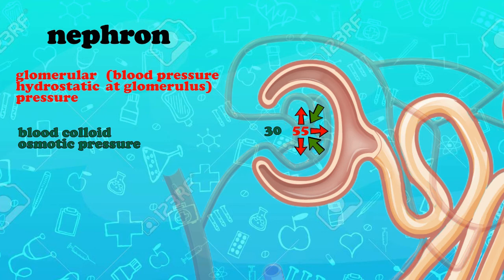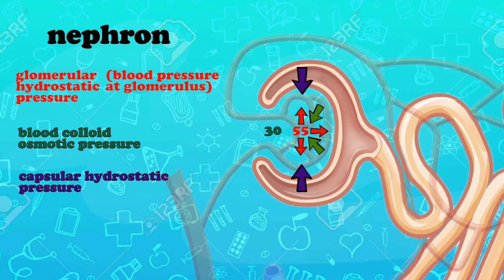And that osmotic pressure is pulling in while the hydrostatic pressure is pushing out. The last pressure involved is capsular hydrostatic pressure, which is the capsule squeezing on all of this stuff. And that's about 15 millimeters of mercury.